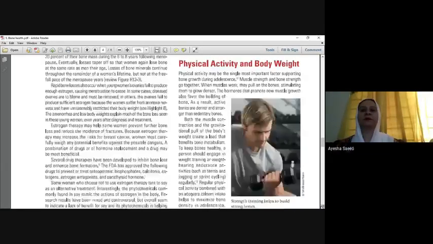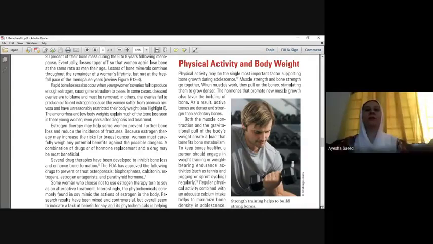Osteoporosis can also happen in younger women who do not have an ample amount of estrogen being released and their menstruation has stopped. In some cases, diseased ovaries are to blame and must be removed. In others, the ovaries fail to produce sufficient estrogen because the women suffer from anorexia nervosa and have unreasonably restricted their body weight.